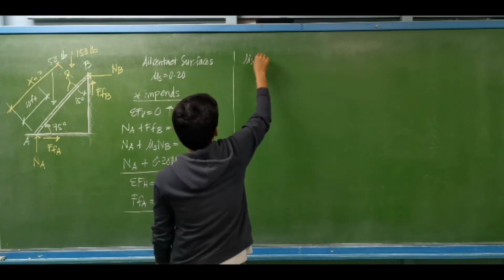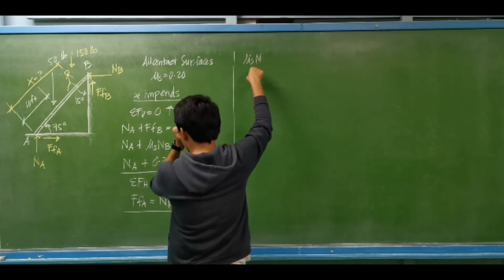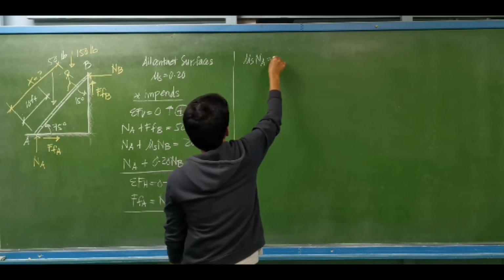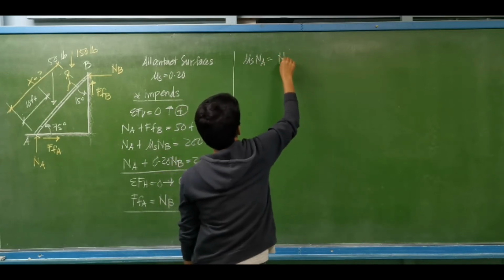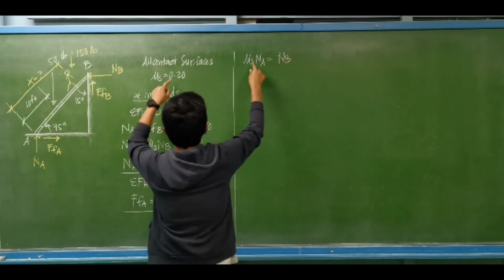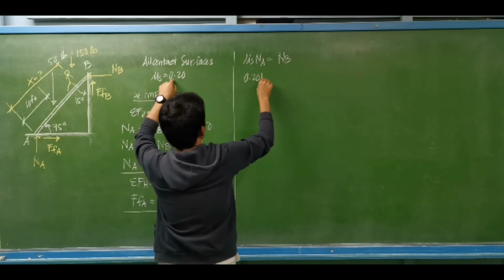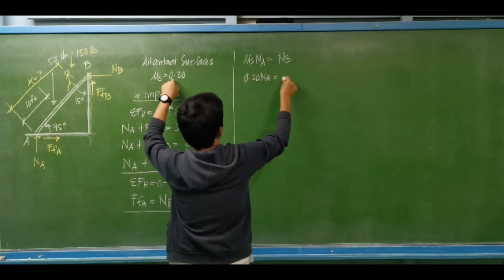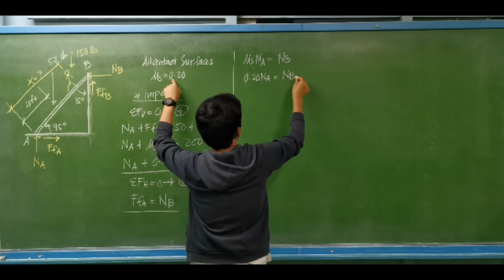That is the coefficient of static friction times the normal reaction at A, equal to the normal reaction at B. With mu equal to 0.20, we have 0.20 N_A equals N_B.